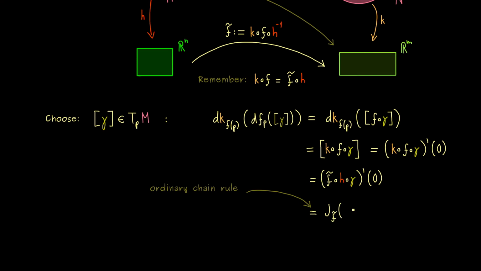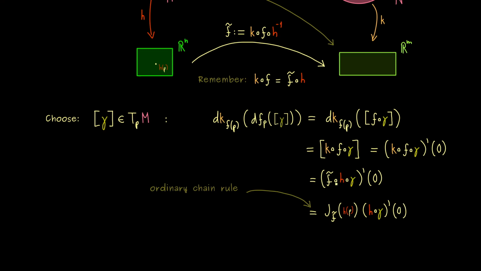And of course, the point we have here is H of p. And please don't forget, this comes from H of gamma of 0. And now, this Jacobian matrix is multiplied by the differential of H after gamma. And please don't forget, this is also an ordinary map from R into Rn. And the point where we evaluate this differential is given as 0 as before.